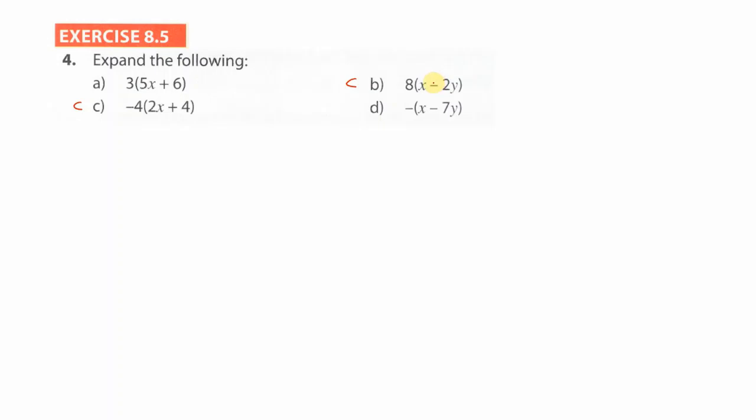So now we have to work out another way of doing it, and we are going to use what we call the so-called distributive law. So we are going to distribute this x. Distribute is in a sense meaning spreading. So we are spreading or distributing this x over each term. We are first going to spread it over the first term, and then next we are going to spread it over the second term.